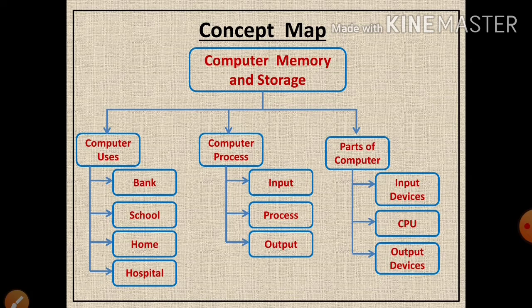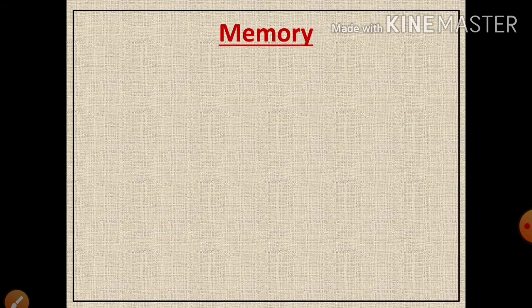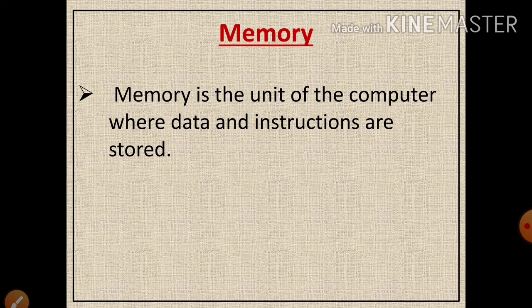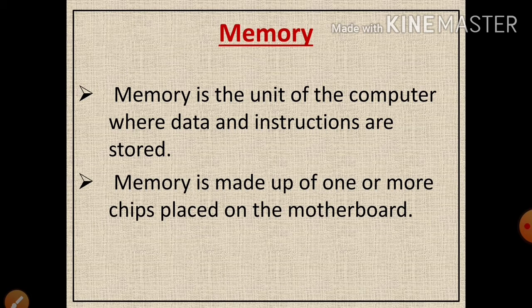Today we are going to move further to the next part, that is memory. Memory is the unit of the computer where data and instructions are stored. It is made up of one or more chips placed on the motherboard.